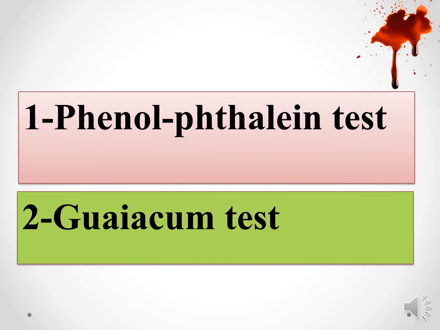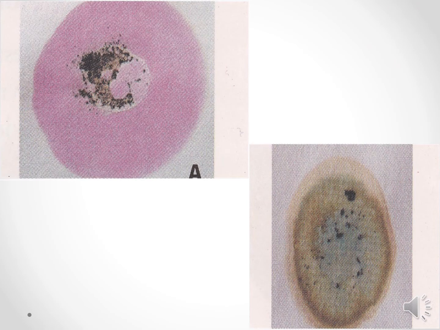Examples of screening tests are the phenolphthalein test and the guaiacum test. Above is phenolphthalein, which is pink blue in color. Below is guaiacum, which is green blue in color. Phenolphthalein begins with the P letter.